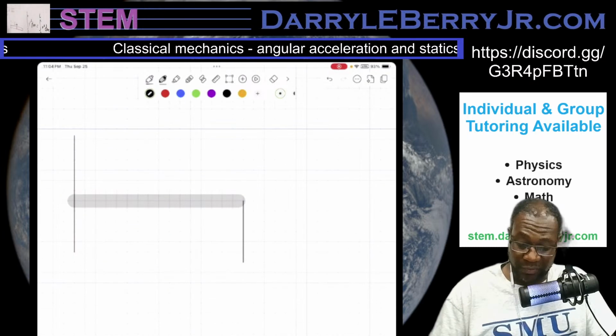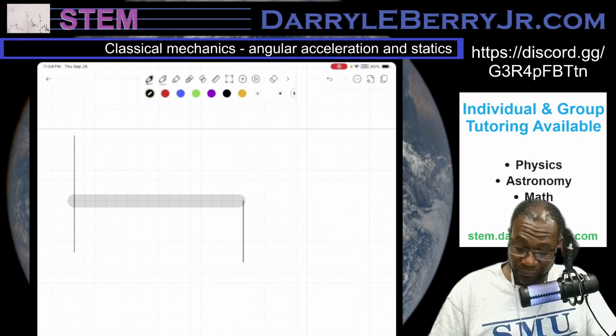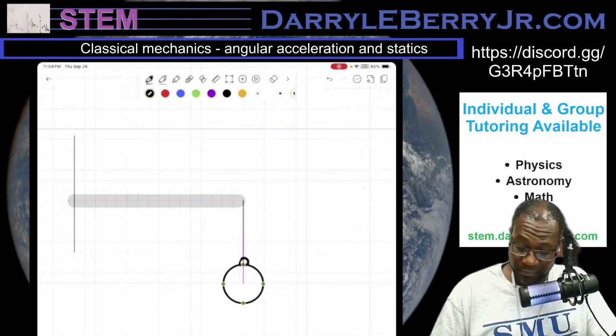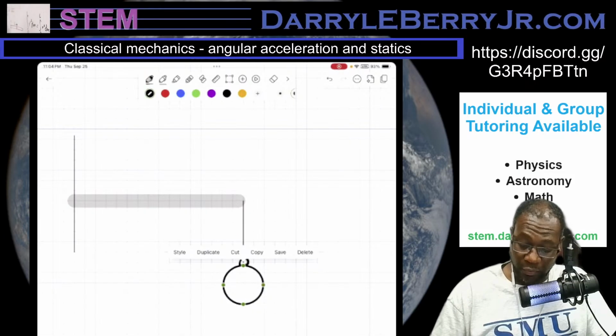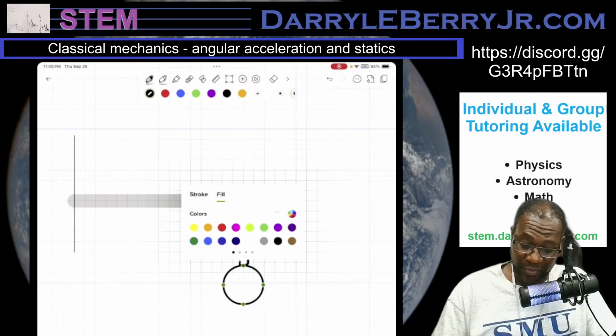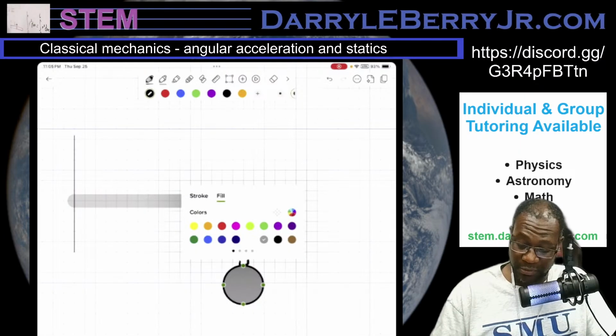So let's say this weight is one of those big, you know, metal globes that people use to exercise with. Let's say it's one of those.